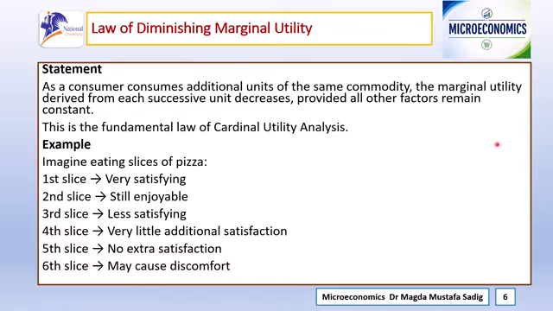The law of diminishing marginal utility. This law is one of the most famous principles in economics. It states that as a consumer consumes additional units of the same commodity, the marginal utility obtained from each successive unit decreases, assuming all other factors remain constant.